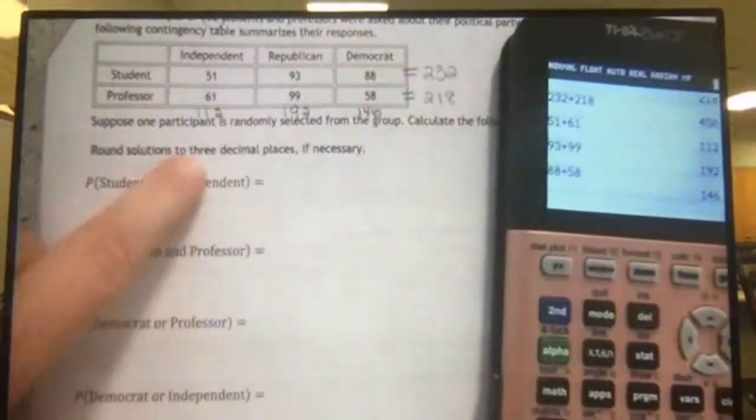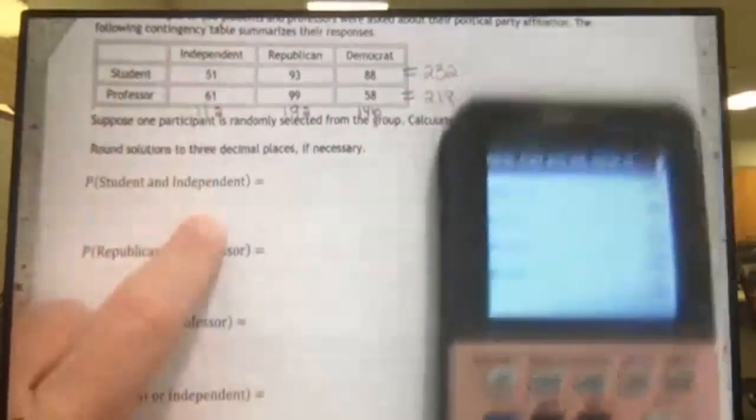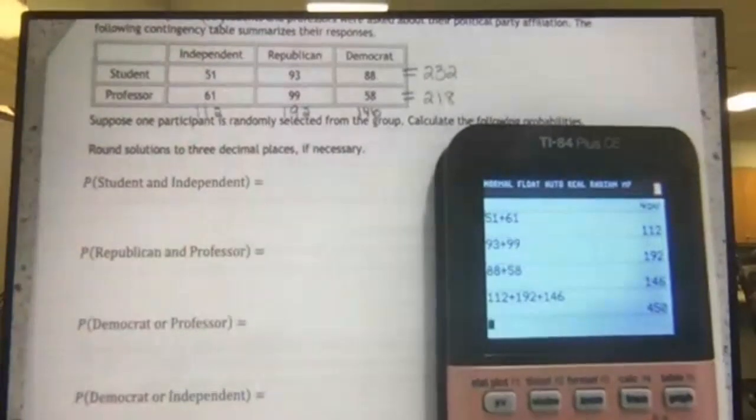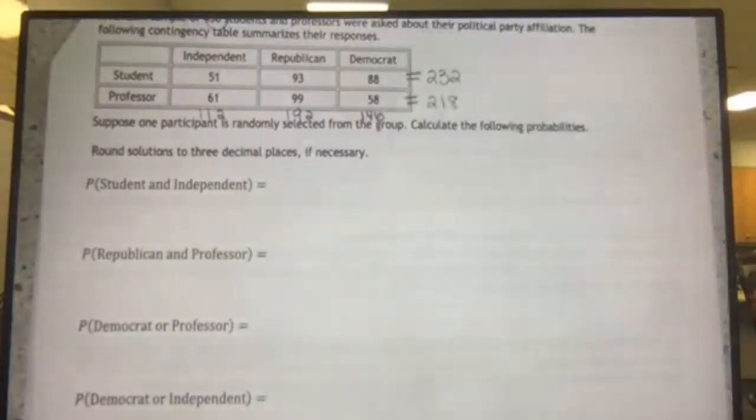All right, so let's make sure that we have our total. Adding up all of our totals, 112 plus 192 plus 146 does give us that 450, so we know we did it right. So here's everything that we need.